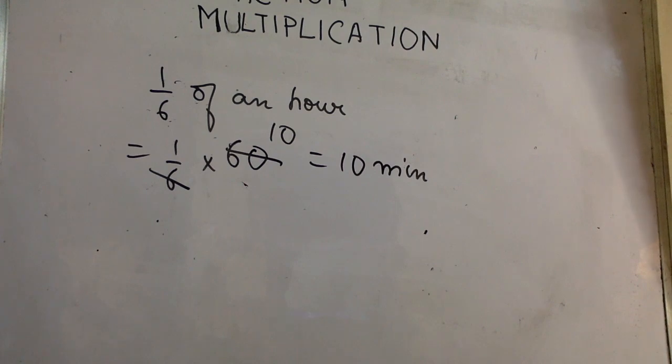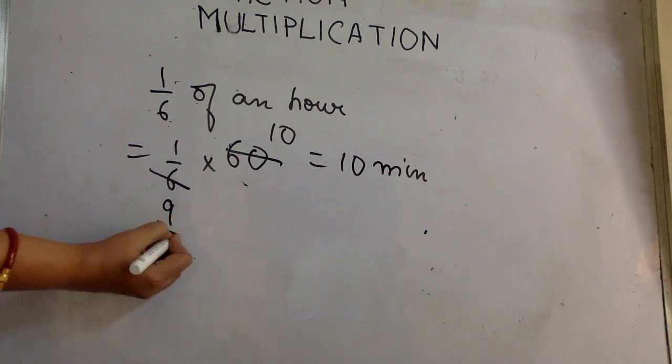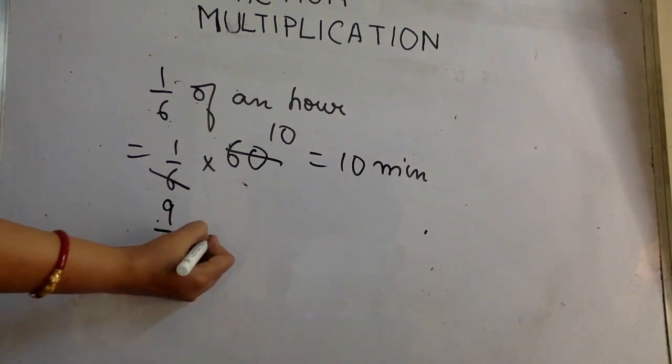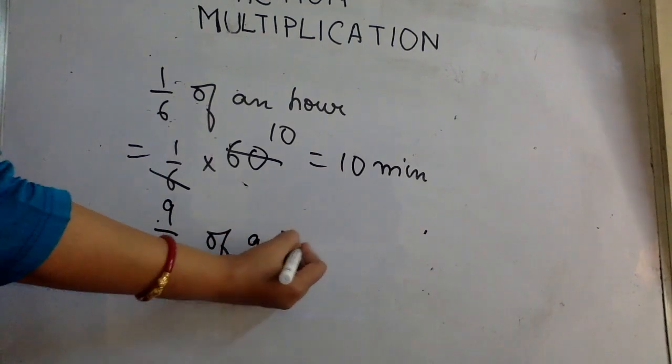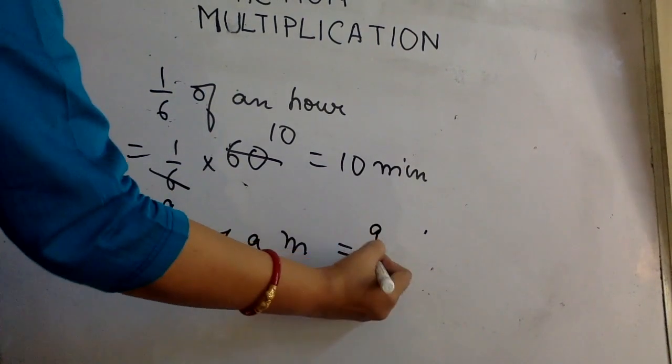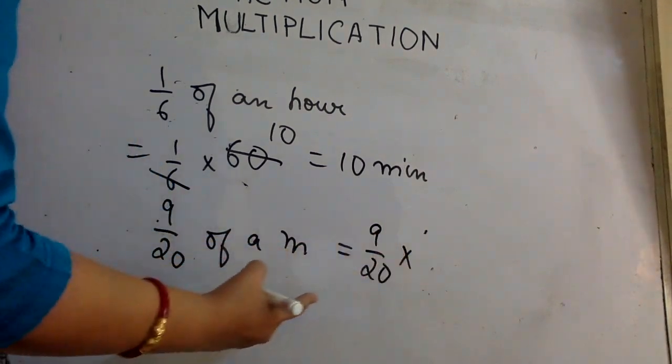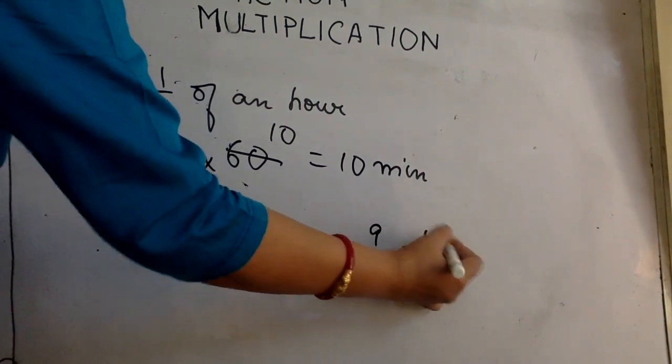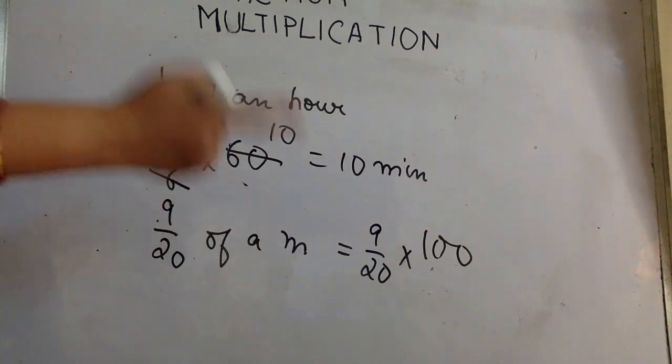Let's see another one. 9/20th of a meter. Again here, 9/20 of is into meter. Let me write it as 100 centimeters. 1 meter is 100 centimeters.